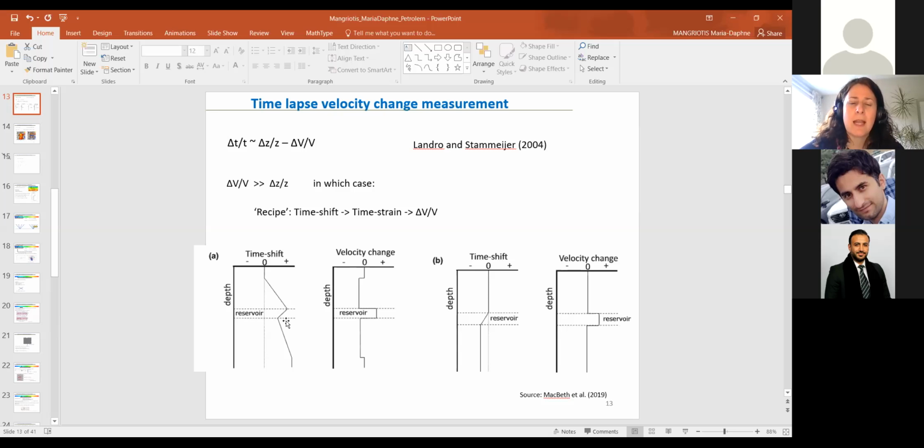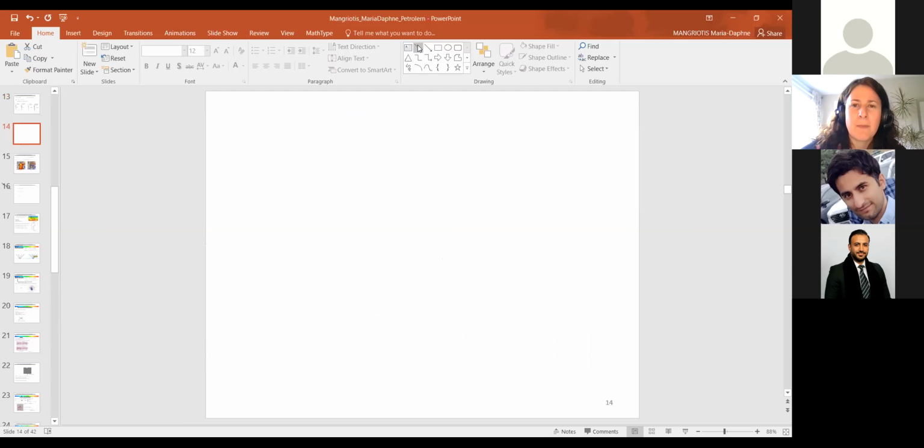So in theory, when you're measuring time shift here, the slope is following that velocity change, but the magnitude is affected by this time shift, right? So if this is your time shift up to the reservoir, your new time shift is not doing that.